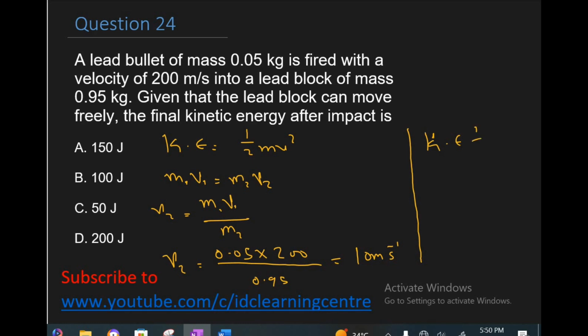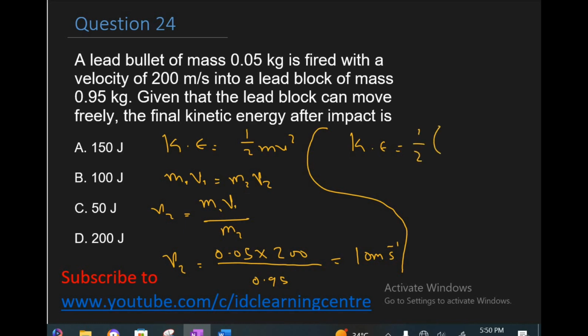equals 1 over 2 times our m, which is now a combination of 0.05 plus 0.95. Let me use a better place now for us to see it clearly. Okay, so we have a good space to solve it now. Our KE now is going to be equal to half our m.